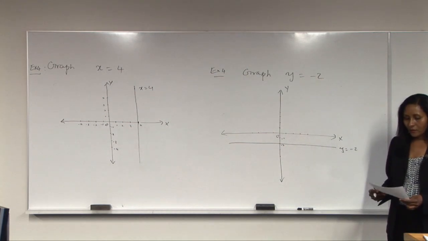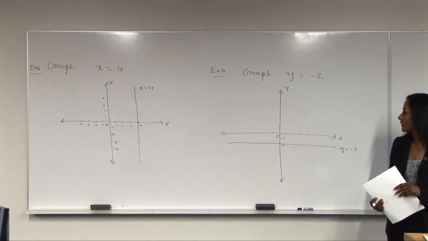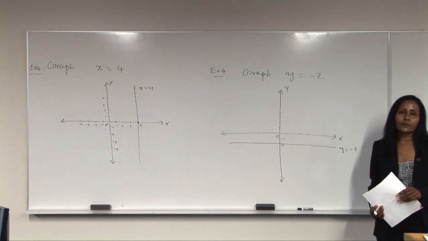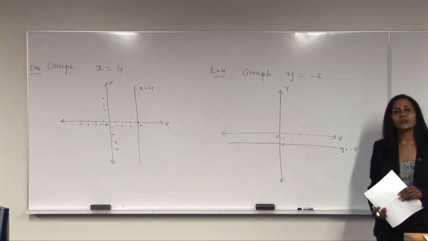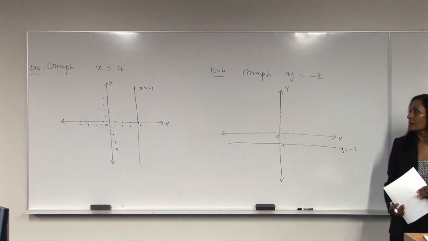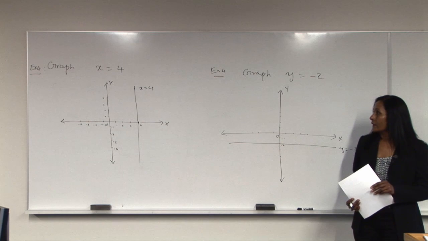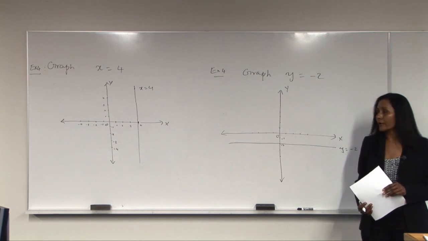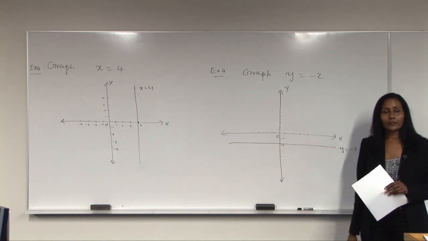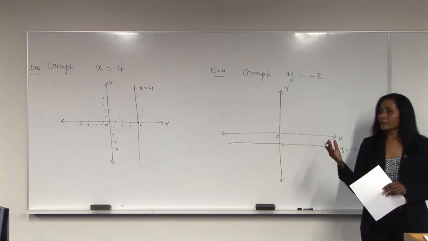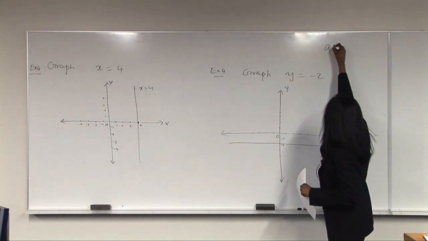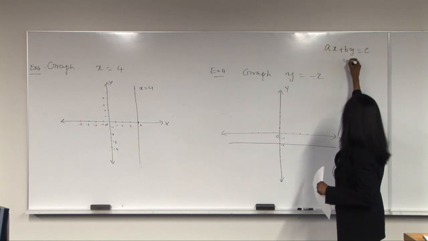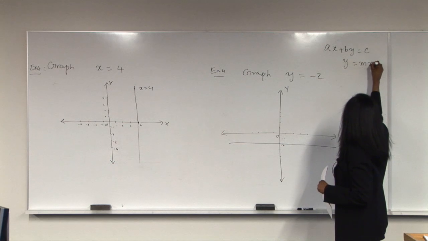So now you know what linear equations are and how to graph linear equations. And you saw like 3 or 4 different methods today. One was in this form ax plus by is equal to c, and another one you saw y is equal to mx plus b.